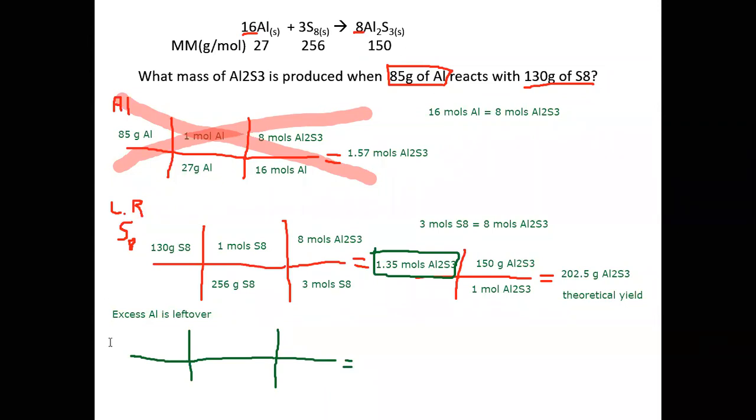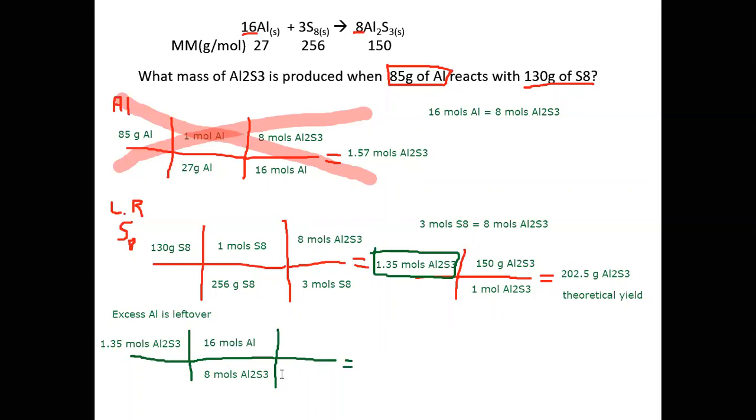So we start with 1.35 moles of aluminum sulfide. We want to convert it to moles of aluminum. For our mole ratio, aluminum sulfide goes on the bottom and aluminum goes on top.